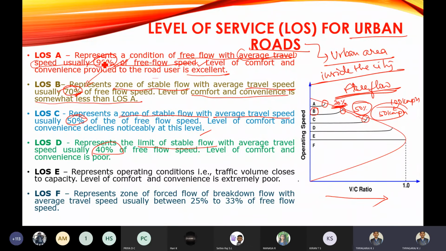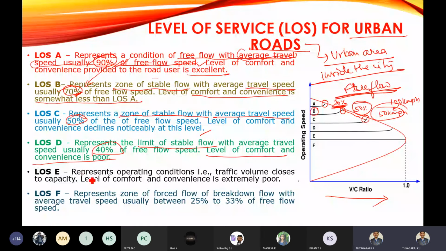You can see at the earlier stage it is 90% of the free flow speed, the second one it is 70%, the third one it is 50%, and when it comes to level of service D, it is 40% of the free flow speed. And here the comfort and convenience to the driver or passenger is poor in nature.